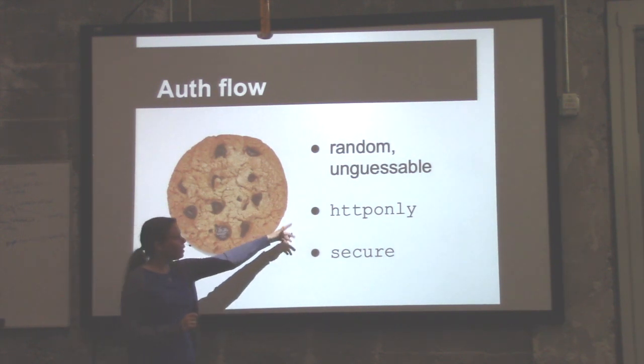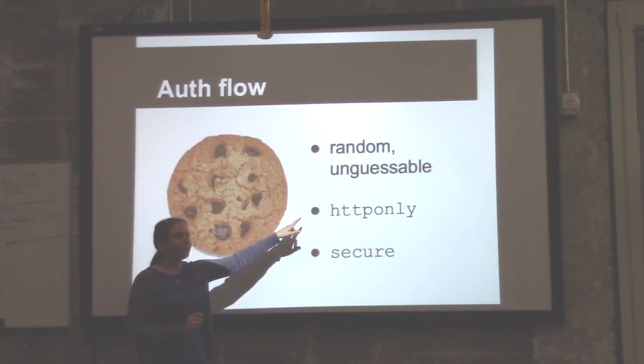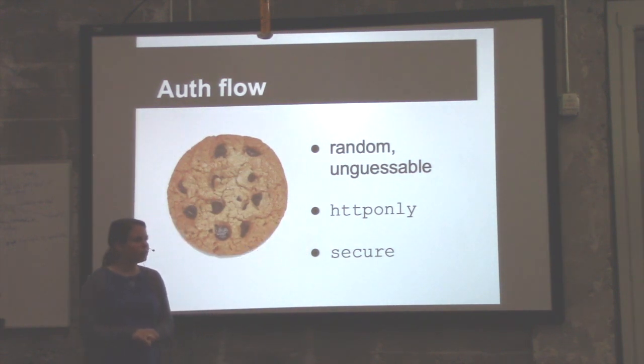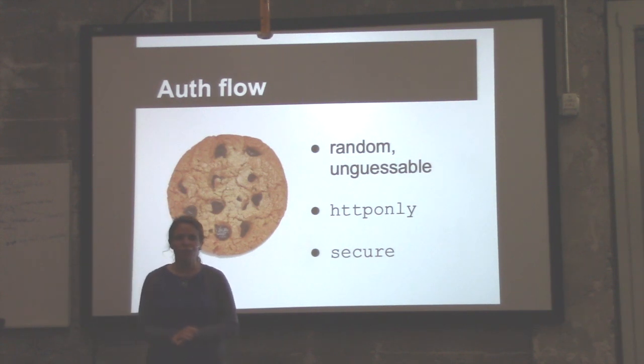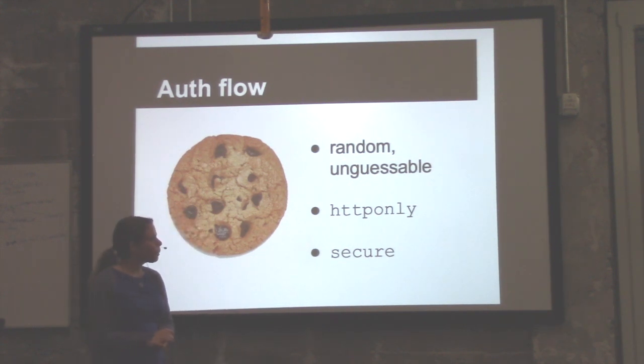So I highly recommend you make sure that in your sites these flags are being set on your session cookies. And in most frameworks, I think they're either enabled by default or you can just change a flag in your settings to get them enabled.